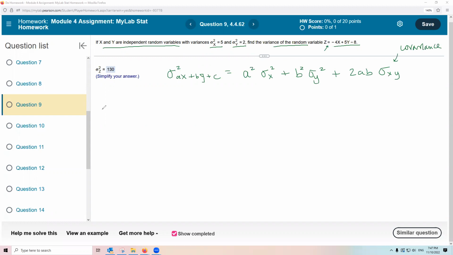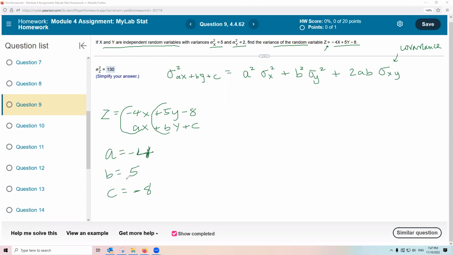All right, now remember they're giving us that c is negative 4x plus 5y minus 8. I'm going to compare this to ax plus by plus c. So when I do this comparison, a is matching up to negative 4, b is matching up to 5, and c is matching up to negative 8.